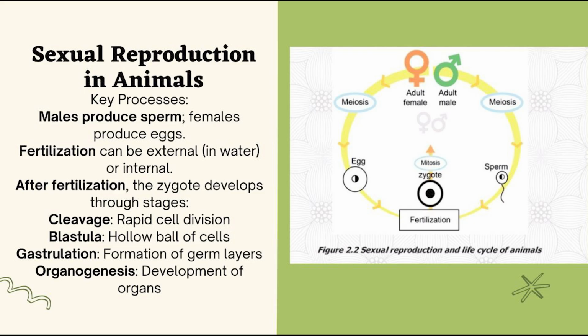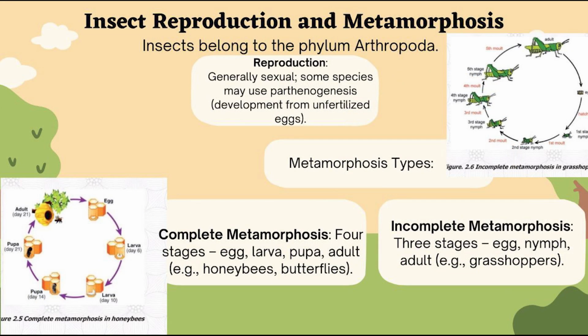Another one is insect reproduction and metamorphosis. Insects, the most diverse group of animals, usually reproduce sexually, though some can reproduce through parthenogenesis, where offspring develop from unfertilized eggs.